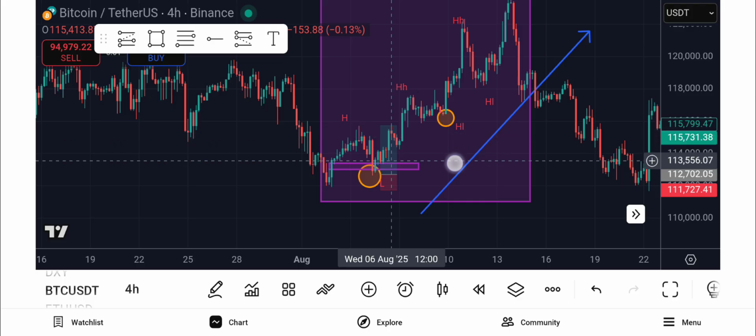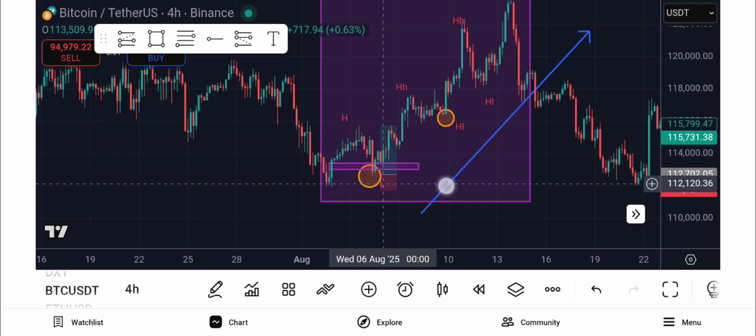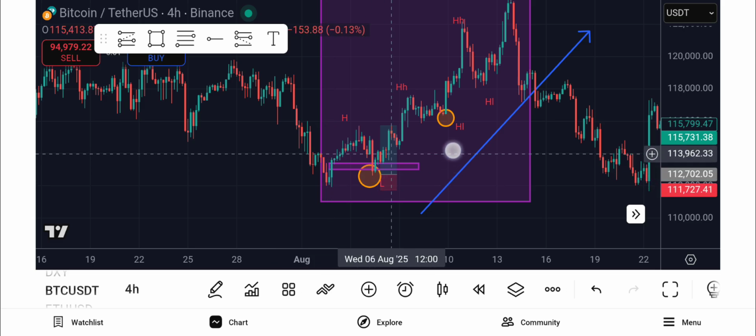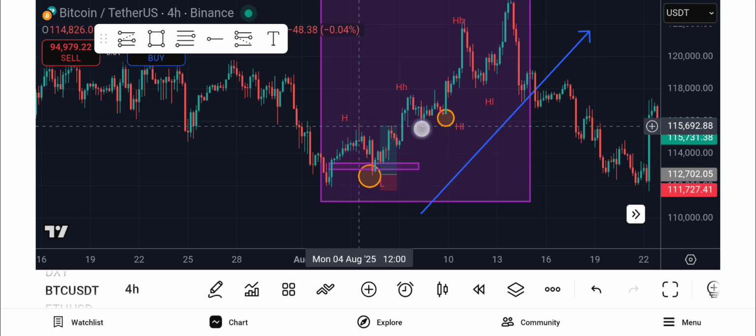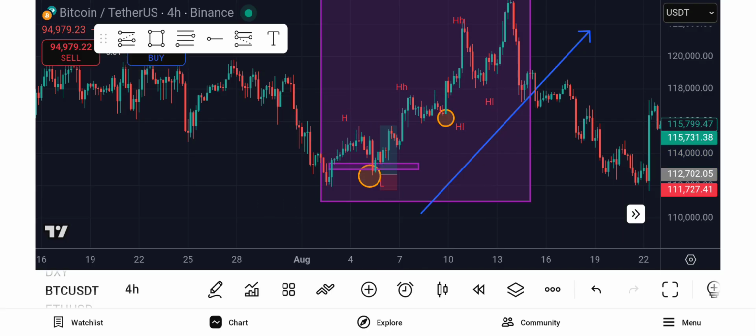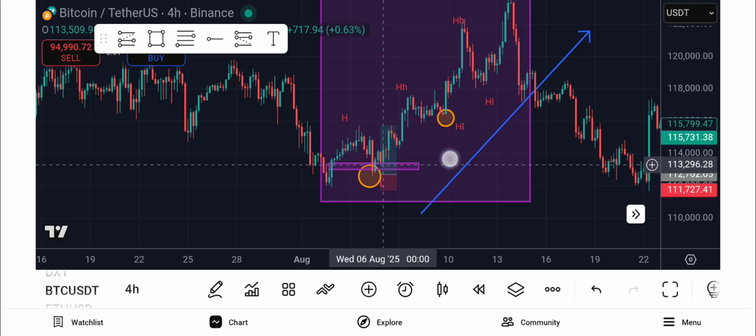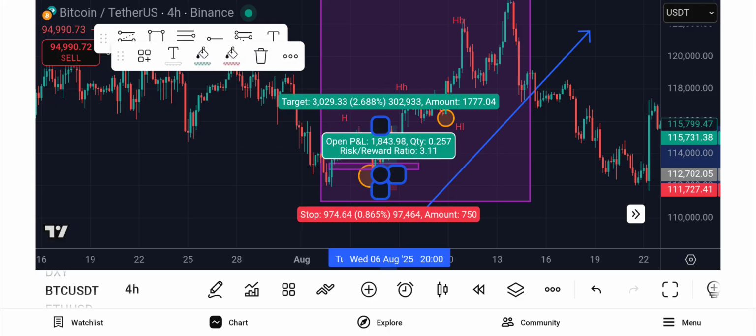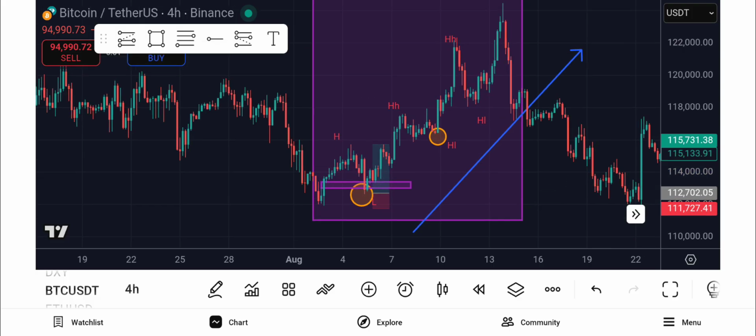So you would enter here and put your stop loss below this low, towards this high. If you did that and entered that, you would have caught 97 points, and your R would be 1 to 3. So we could find another one too.